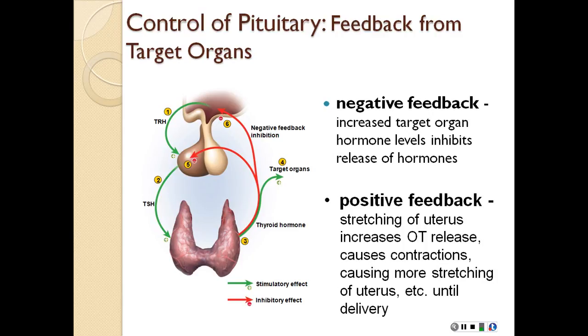Now with the negative feedback, what this slide is showing you is how negative feedback helps the body to maintain a balance of thyroid hormone in the blood. So if thyroid hormone is needed in the blood because it drops too low, you have first the hypothalamus, which is going to respond to that drop in thyroid hormone. So a drop in thyroid hormone activates the hypothalamus, and then the hypothalamus sends another hormone.